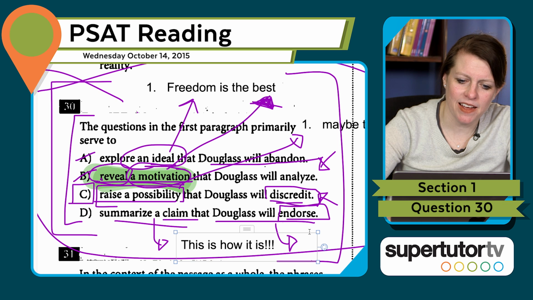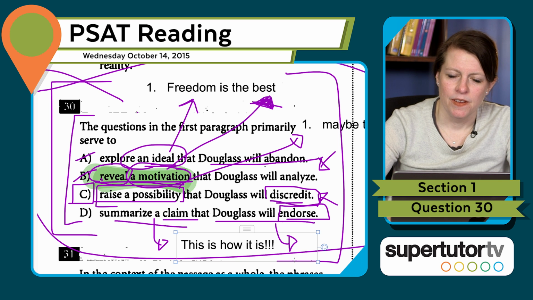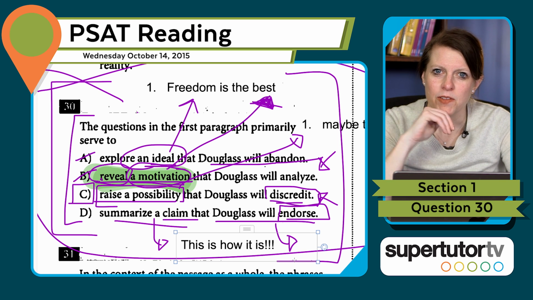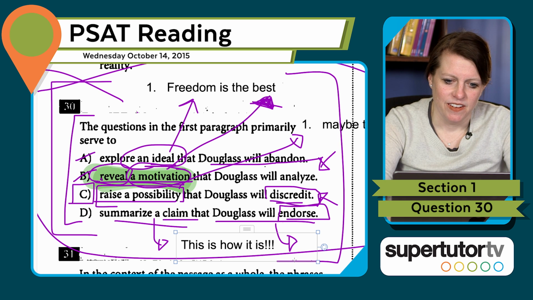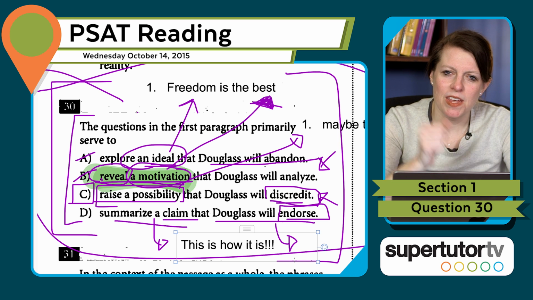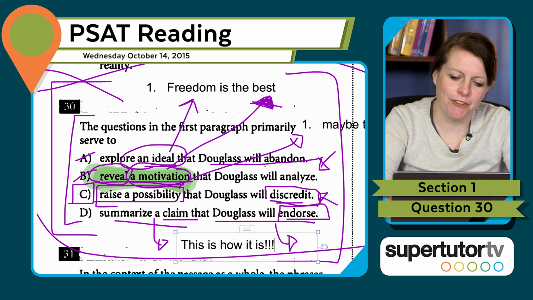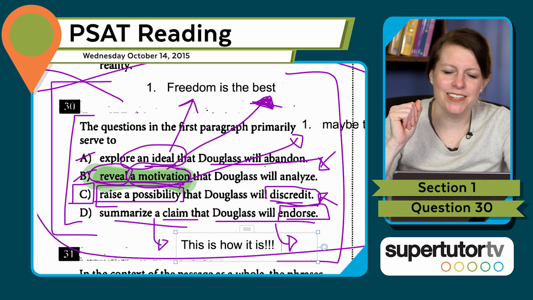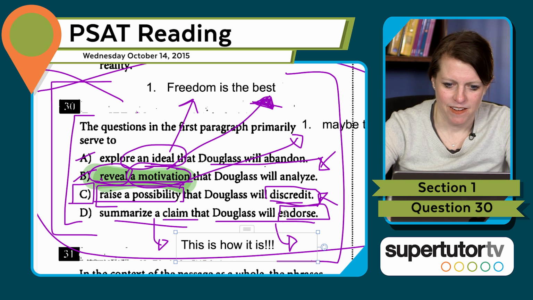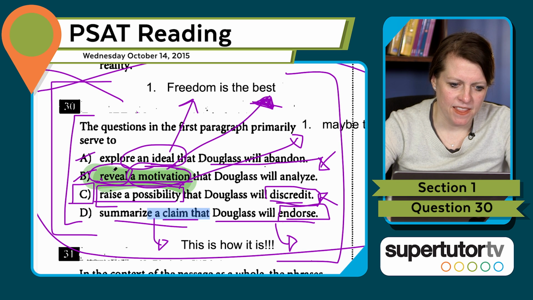Endorse means he's going to get behind it, right? A claim. Here's the claim. Black people should be promoted in government, and I stand behind this with my whole heart, right? That's really weird because this is not questioning at all. So this doesn't make any sense.